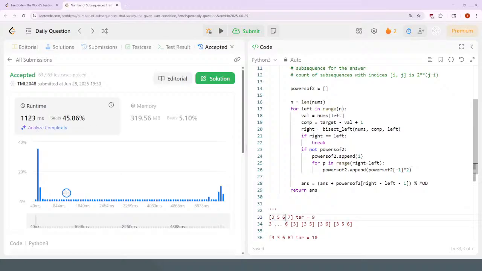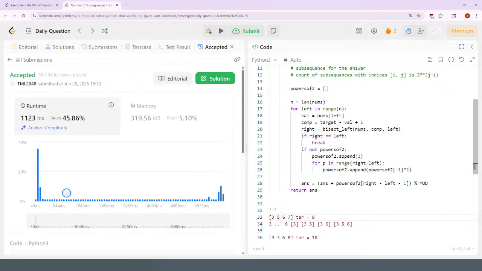It should always be possible to go to the smallest, right? And then 5 should always go to 3, and 4 goes to 3, and 3 goes to 3, and 2 goes to 3. So any subarray, any end index that is smaller than that can go to 3.